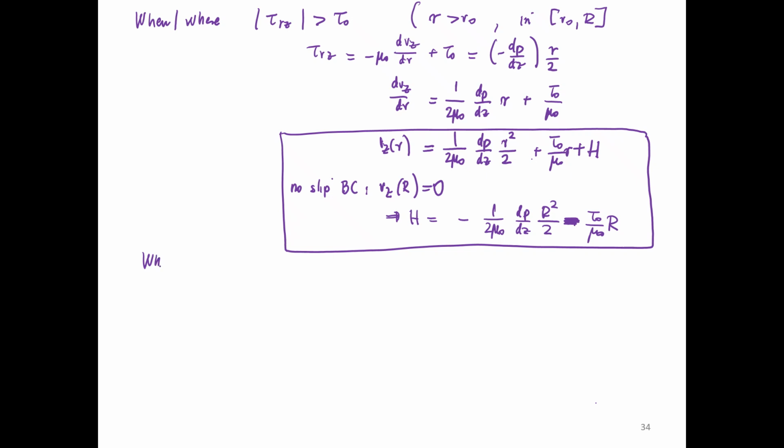When or where tau rz is less than tau 0, which is basically for r in 0 to R0, mathematically speaking. Shear stress we know, but it doesn't help us to find velocity distribution because it's not larger than yield stress.